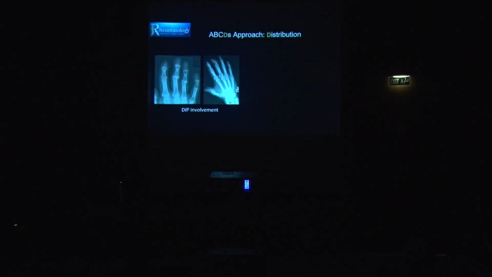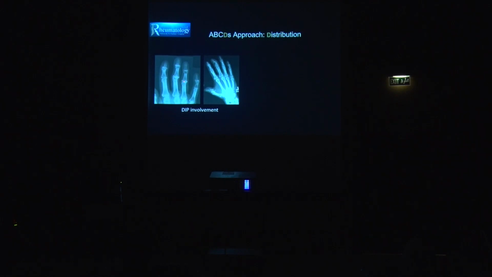Now we come to distribution. As I told you, some diseases have certain distribution of abnormalities and can give you a clue to the underlying process. So if you have distal interphalangeal joint involvement, DIP involvement in the hand, usually it's very common in, so what is this again? Anyone see?